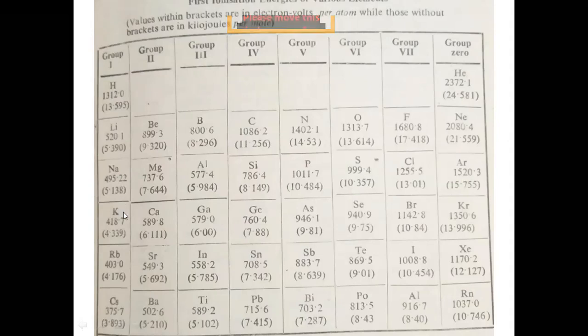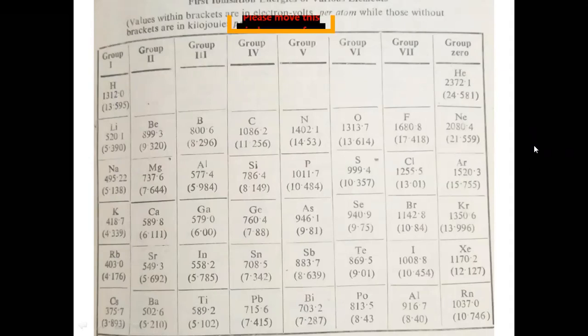Look at potassium, it is further less. Look at rubidium, again it is less. Look at cesium, it is less. So when you move down the group, the ionization potential decreases. Why does the ionization potential decrease? When you move down the group, the size of the atom increases.